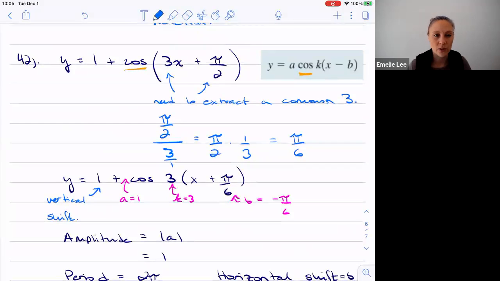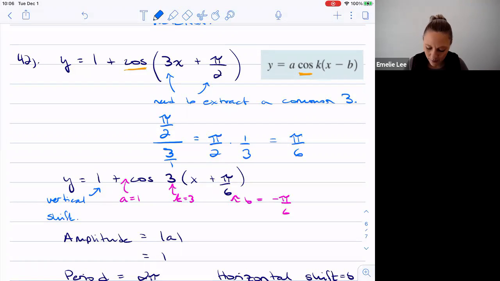Knowing that we started with a cosine function, where the cosine of 0 is 1, we start up top at 1. But now we've shifted to the left pi over 6, so that starting point has shifted over. And then we've got the vertical shift of 1.